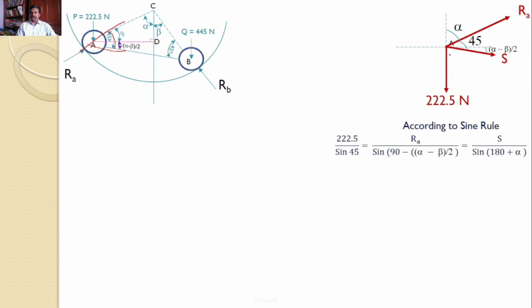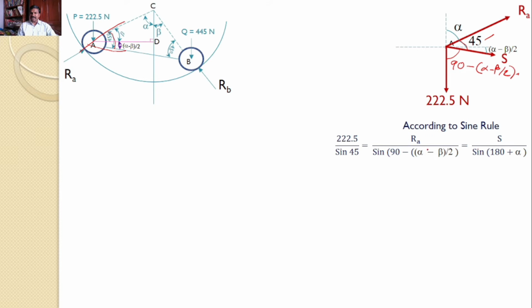That means 222.5 divided by sine of the angle between RA and S, which is 45, is equal to RA divided by sine of the angle between the other two forces, that is S and 222.5. How much is this angle? This is alpha minus beta by 2, and now I want this angle, so I can write 90 minus of alpha minus beta by 2.